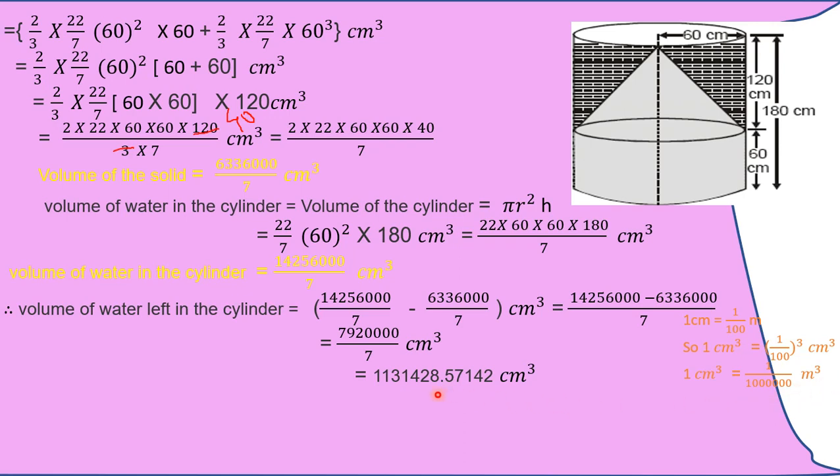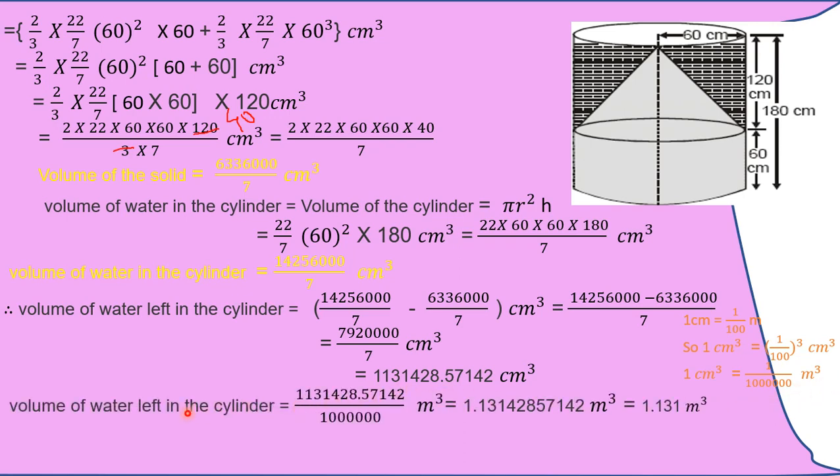Now place here, we get the volume of water left in the cylinder equal to this quantity divided by 100,000 meter cube. So we get 1.131 meter cube water left in the cylinder.